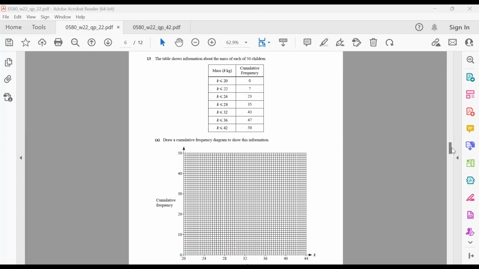Let's just go with the values that are given here. 24. When it's 24, k is equal to 23. So let's go to 20. Somewhere here. 6.